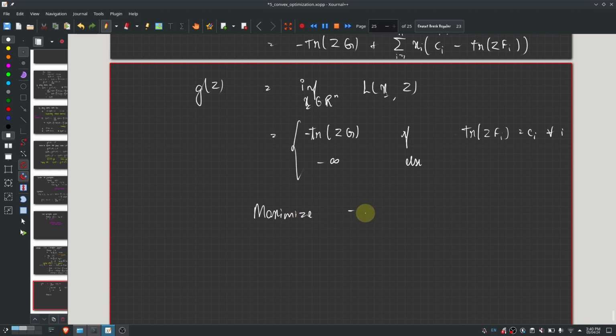Maximize the negative of the trace of z times g subject to Z being greater than or equal to 0 with respect to K star, and the trace of Z times Fi is equal to Ci for i equal to 1, 2, 3 up to n.